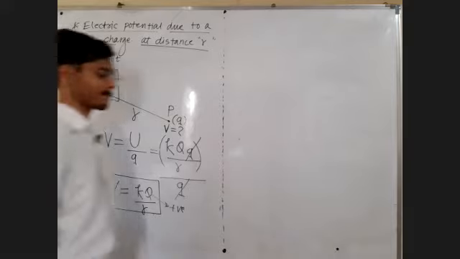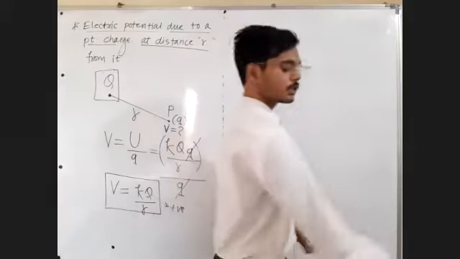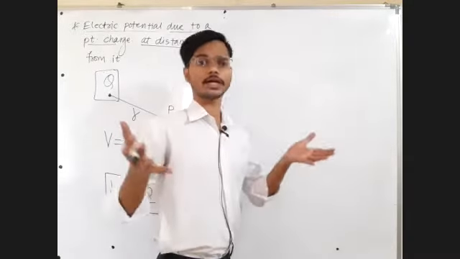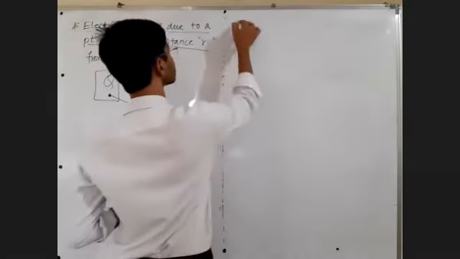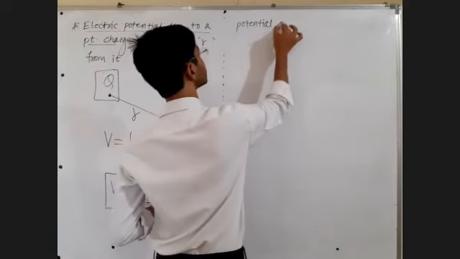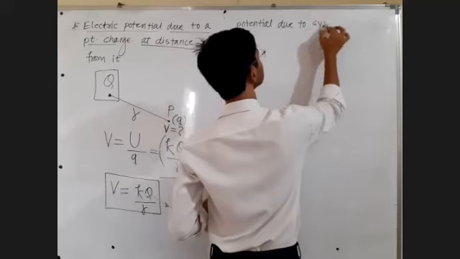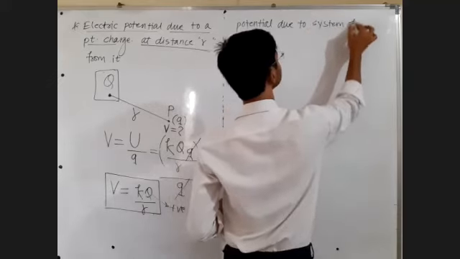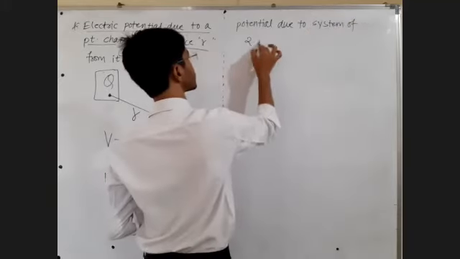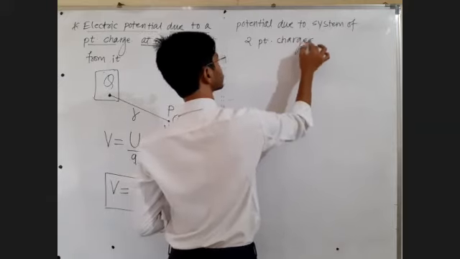Okay, fine. Now let us try to find out potential due to a system of charges. Potential due to a system of 2 point charges. Let's do it.